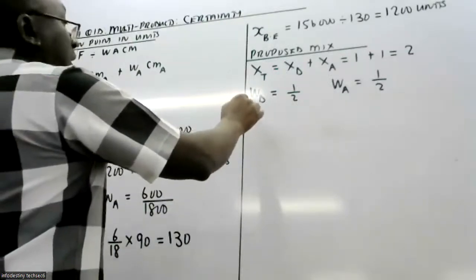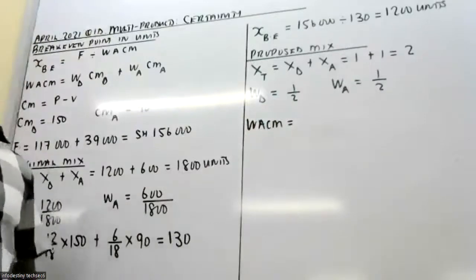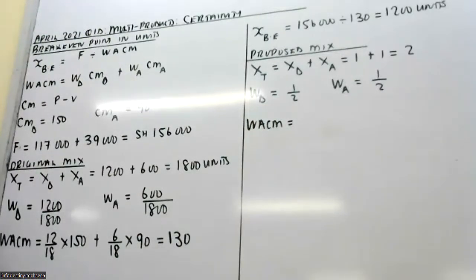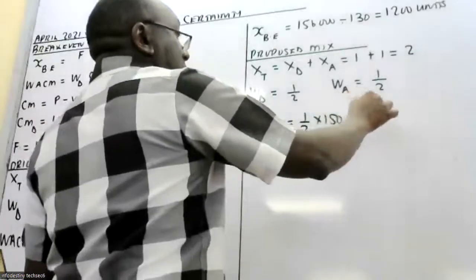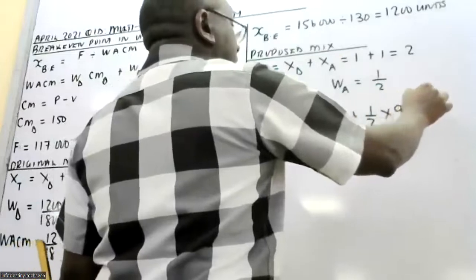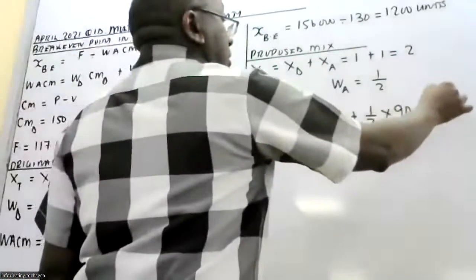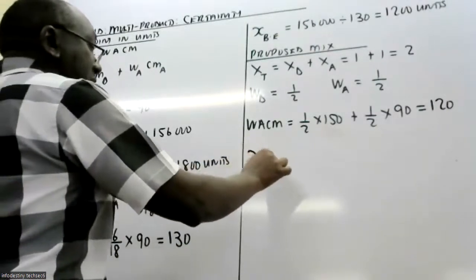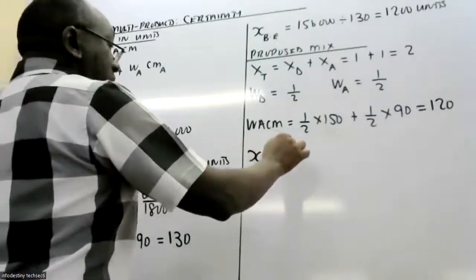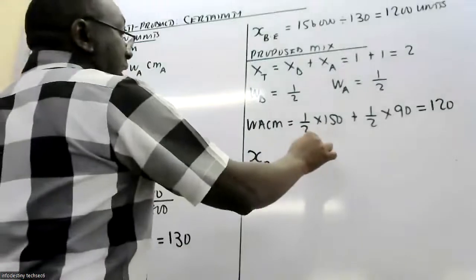So I need now to get WACM. WACM will be a half of 150 plus a half of 90. That is $120. So I'm now able to get XBE, break-even point, as a fixed cost of 156,000.